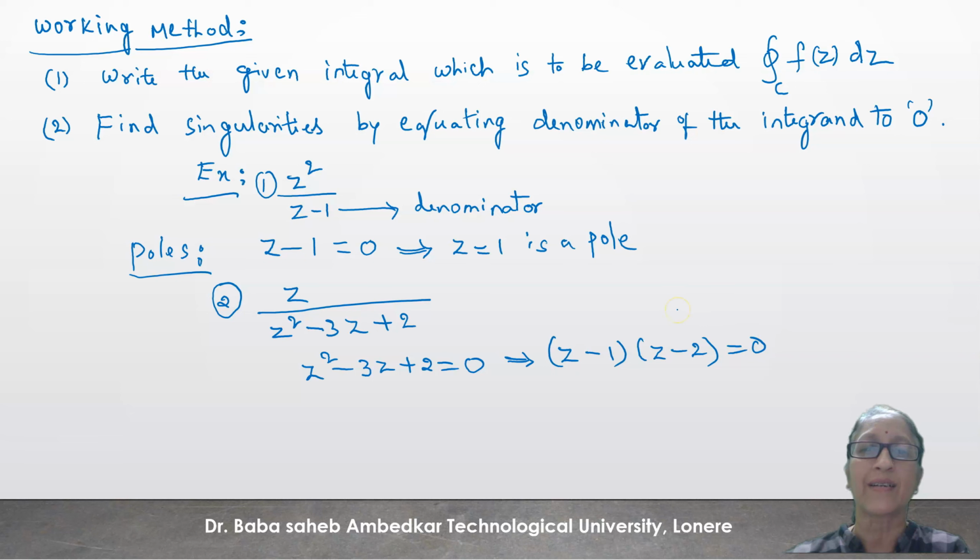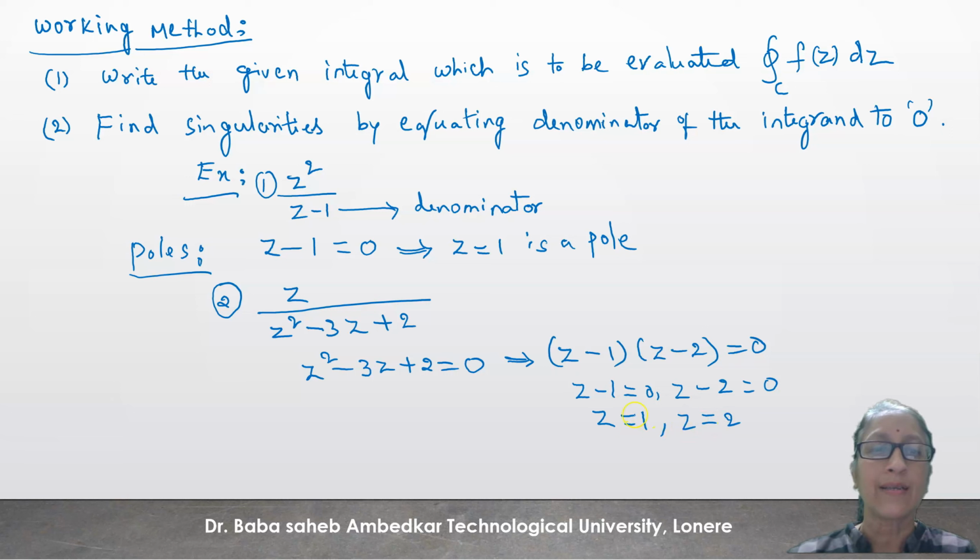These are factors of this denominator. That means z minus 1 equal to 0, z minus 2 equal to 0. So here z equal to 1 and z equal to 2. So this is a simple pole at z equal to 1 and one more simple pole at z equal to 2. So z equal to 1 and z equal to 2 are singularities, that is poles.